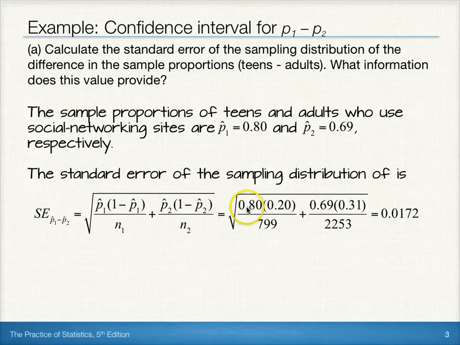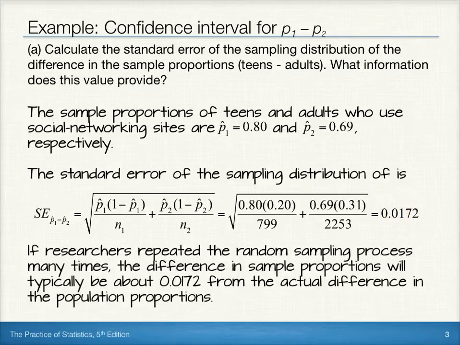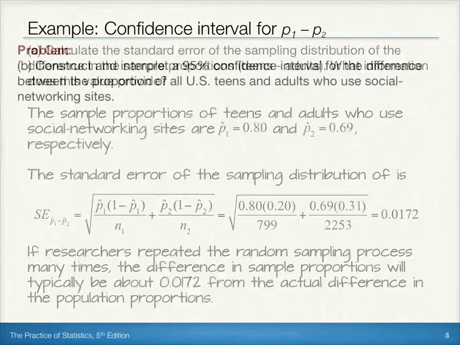Inserting the values we were given in the appropriate places, we see that the standard error of the sampling distribution of p hat 1 minus p hat 2 is 0.0172. What that means is if researchers repeated the random sampling process many times, the difference in sample proportions will typically be about 0.0172 from the actual difference in the population proportions.